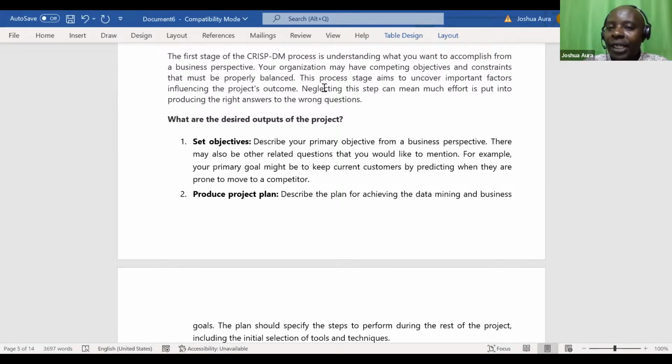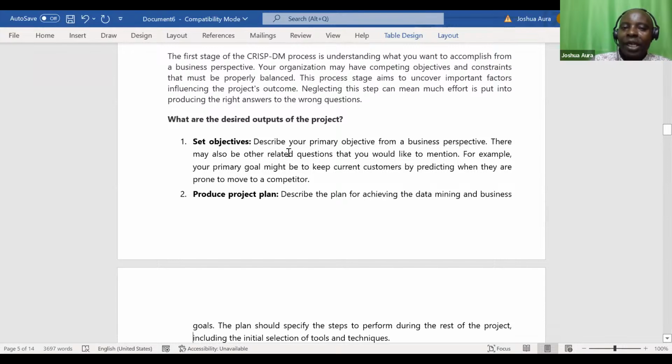Failing to understand the business whose data you would want to analyze will be the worst decision ever. Neglecting this step can mean much effort is put into producing the right answers to the wrong questions. What are the desired outputs of the project? We must ask ourselves when we're trying to understand this business.